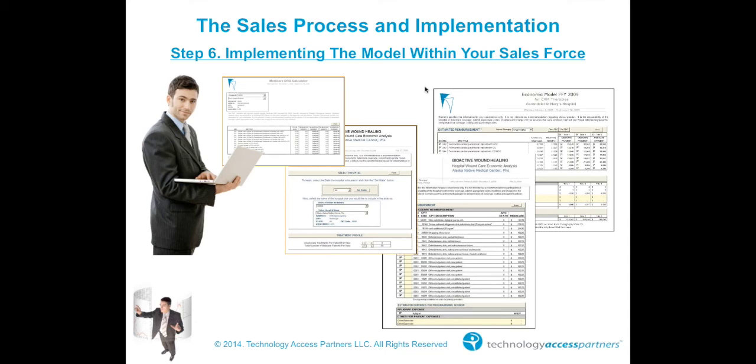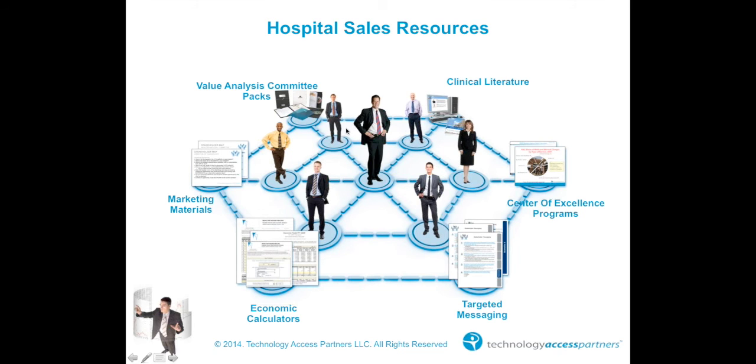We don't want whoever the presenter is, the salesperson, the manager, to feel as though they're dealing with a black box. They can't explain what it is that they're presenting, because then they'll never use it. No salesperson wants to feel as though they don't have the answers. So we talk about the clinical model or economic calculators being part of the overall, I'll call them, suite of collaterals or tools at a salesperson's reach.